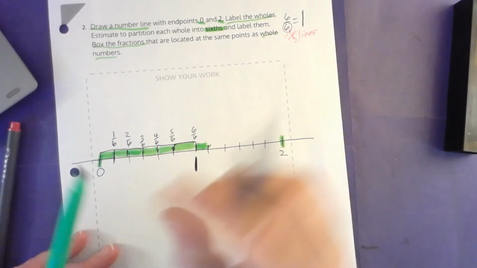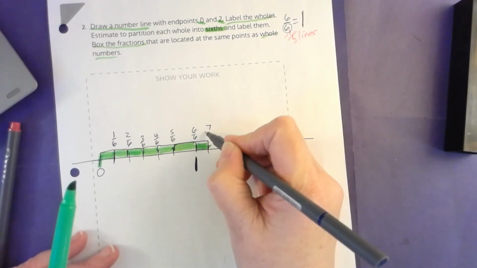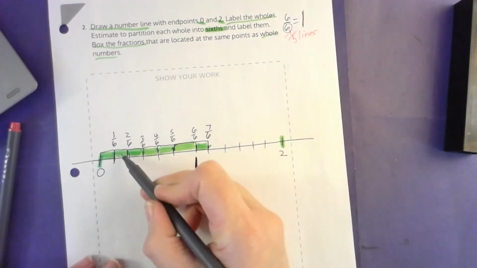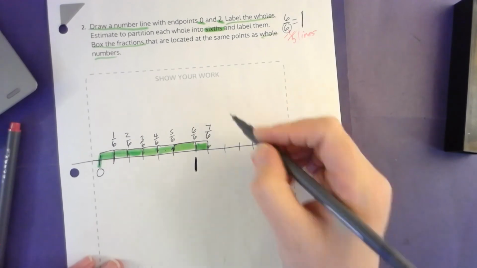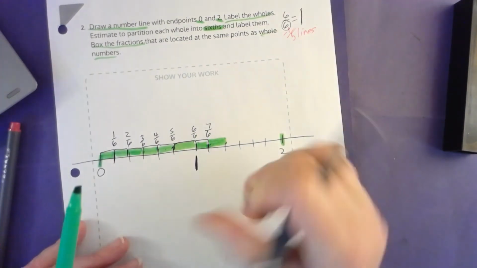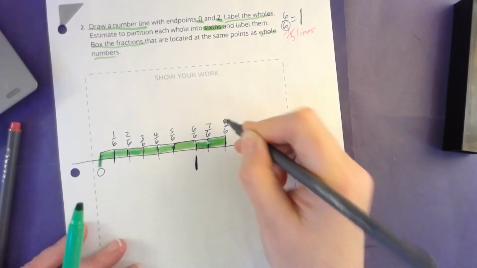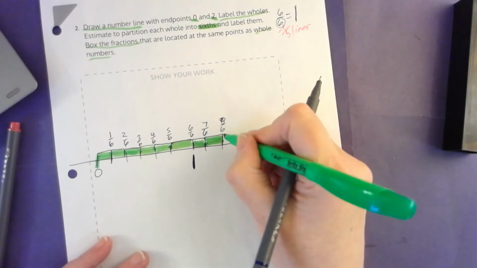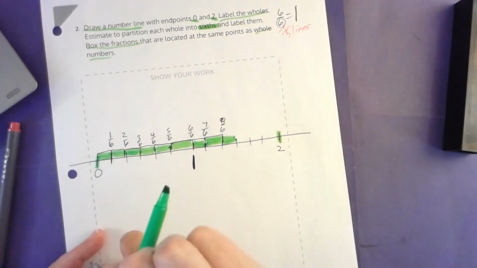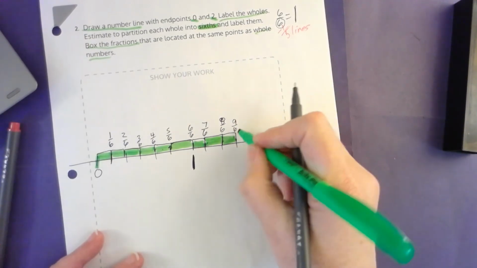I'm going to add another block. So 6 plus 1 is 7/6. So 1, 2, 3, 4, 5, 6, 7/6. Now I'm going to add another block, and that's 8 over 6. Okay. Now I'm going to add another block, 9/6.